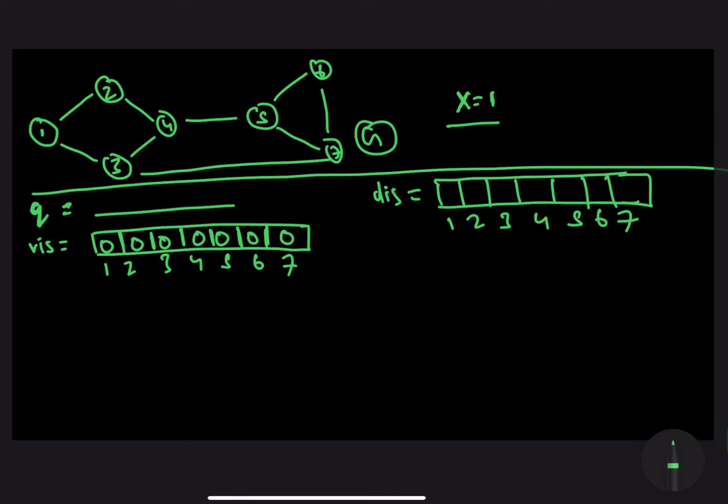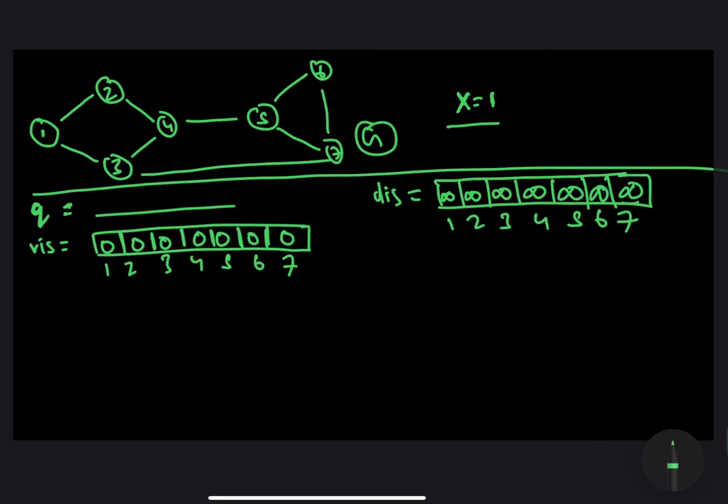Initially, since none of the nodes has been pushed into the queue before, they are initialized with a distance of infinity. This infinity is just a way to represent that the nodes have not been reached till now.